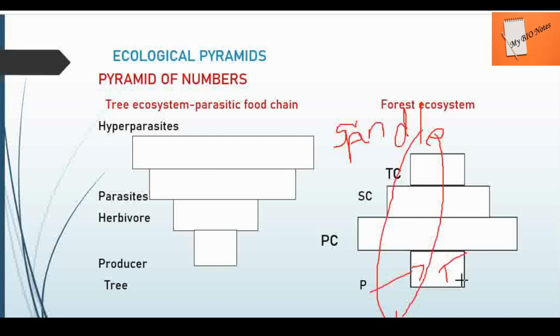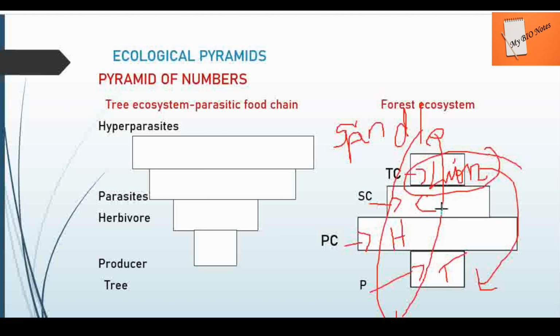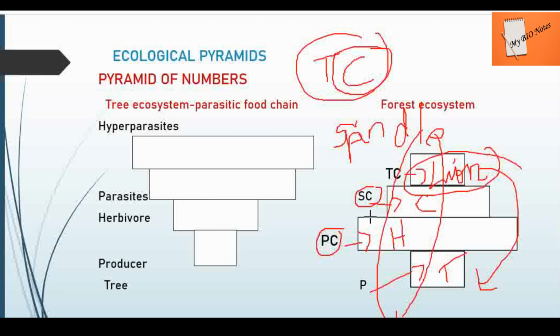Trees are the producers. The primary consumer is a herbivore, right? Plant-eating animals, like deer. Secondary consumers are carnivores that feed on these animals, it can be a fox or a snake. And the tertiary consumer here you can say is a lion, which feeds on the secondary consumer. Its number will be equal to the number of trees. So, compared to the organisms in the various trophic levels, the secondary and primary consumers, the number of tertiary consumers is low.